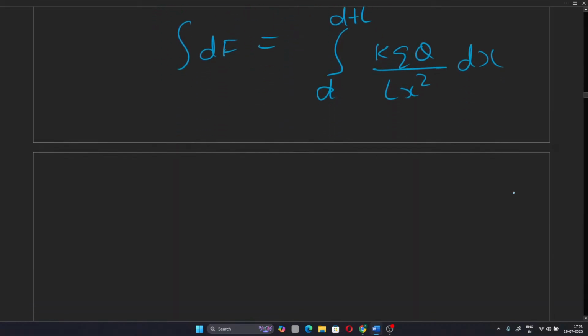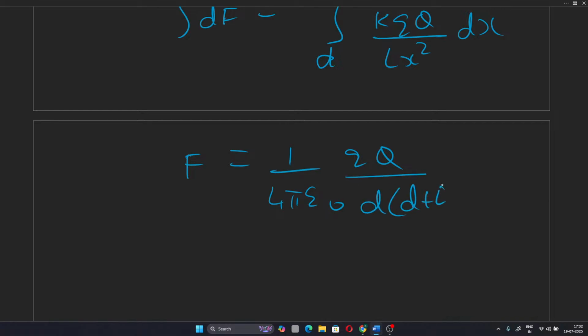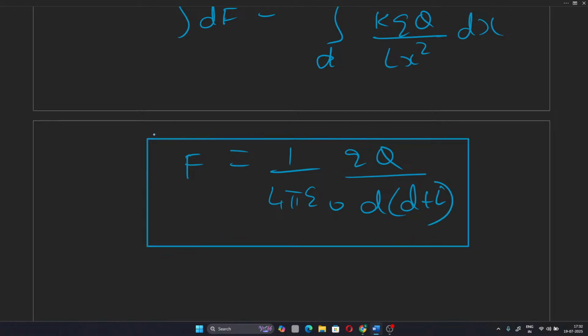Here everything except x is constant, so f equals 1 by 4 pi epsilon naught, which is the k value, q by d times d plus L. This is the final value after integration.